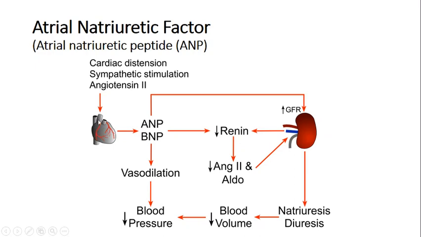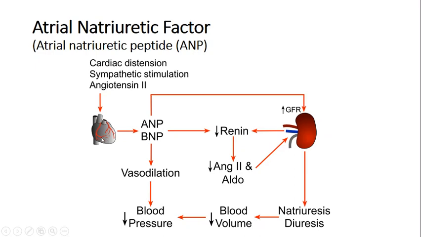It produces this peptide that starts the renin-angiotensin aldosterone system, and will cause diuresis, and thereby lowering the blood volume and hopefully lowering the blood pressure.